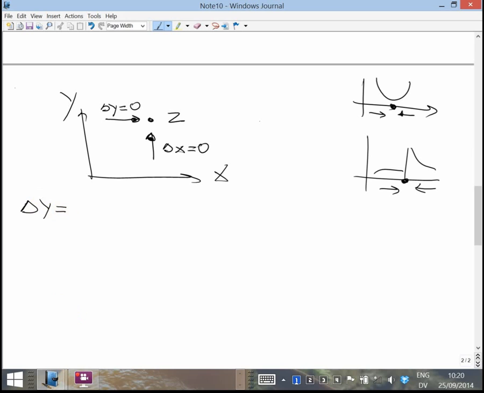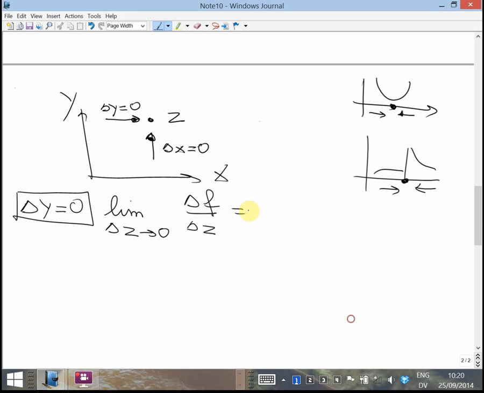So let's first look at the direction of approach delta y equal to 0, which is this horizontal approach here. Then what we have for our derivative is the limit of delta z going towards 0 of delta f over delta z.